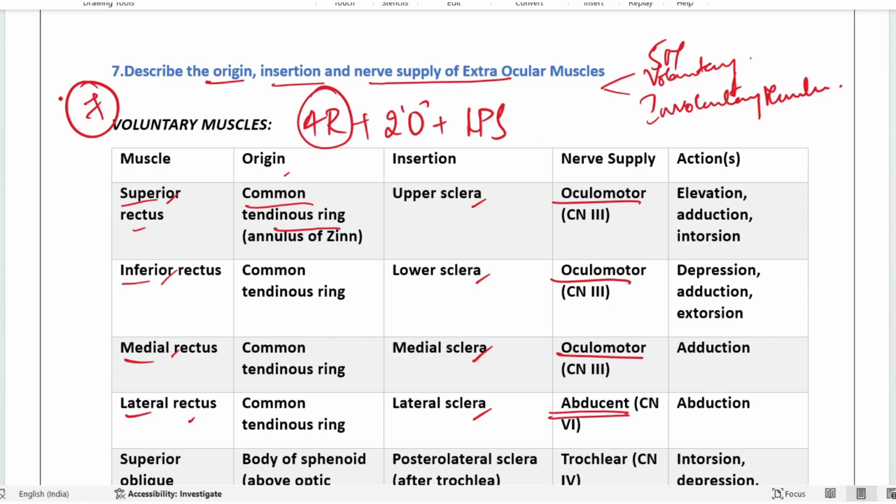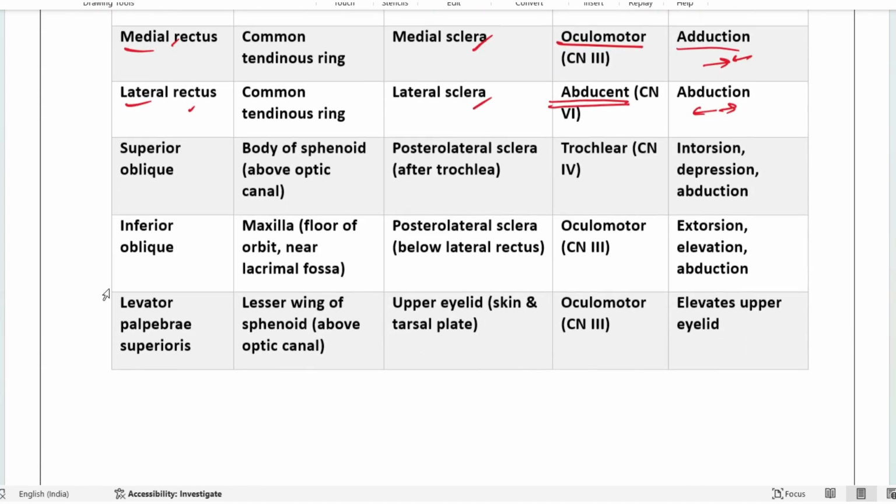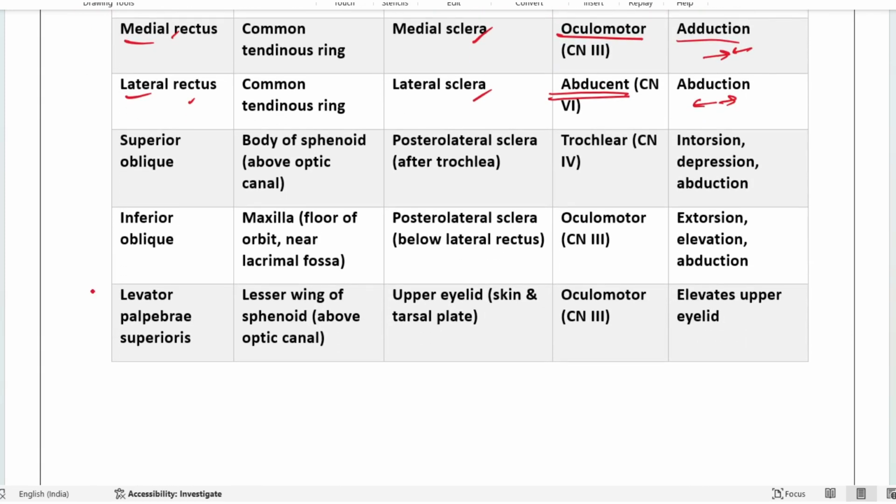Actions: superior will cause elevation, inferior is depression, medial is adduction, that is towards, okay, and lateral is abduction, that is away. Then we have the 2 oblique muscles, okay, the 2 O's, superior oblique and inferior oblique.